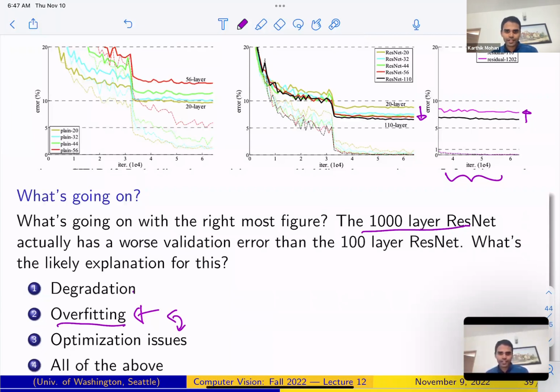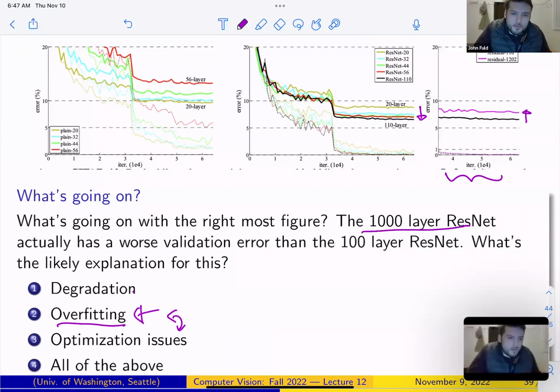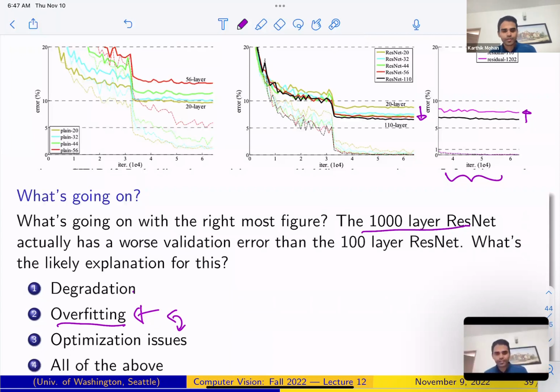There is a degradation, but the degradation is connected to, right? That's a good question, John. Is one connected to the other, or is it just an observation? Yeah, one is an observation. You can say one is degradation but no overfitting, maybe that's a better choice. Second is degradation with overfitting.